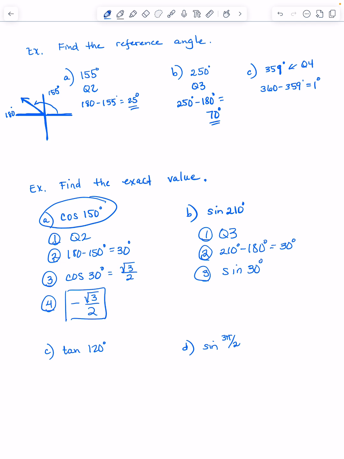Well, the sine of 30 degrees is 1/2. And I have to determine whether this is positive or negative. Well, quadrant 3, what's positive in quadrant 3? That's tangent and cotangent, which means my answer is once again going to be negative.